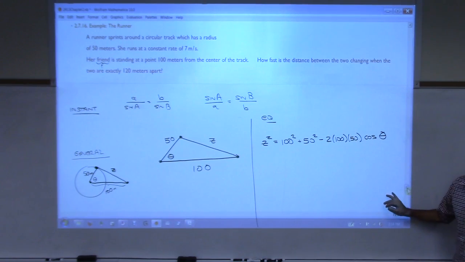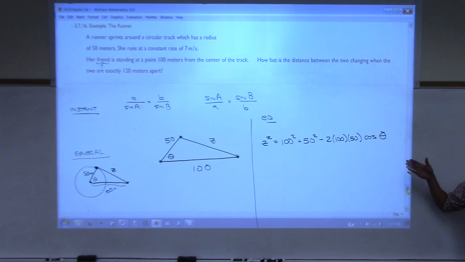There we go. Do I have an equation that relates theta and z together? Yes. A lot of those things are constants. There's my equation.